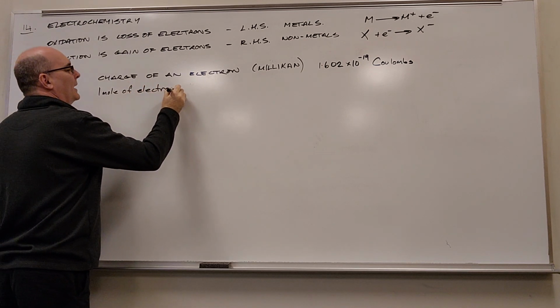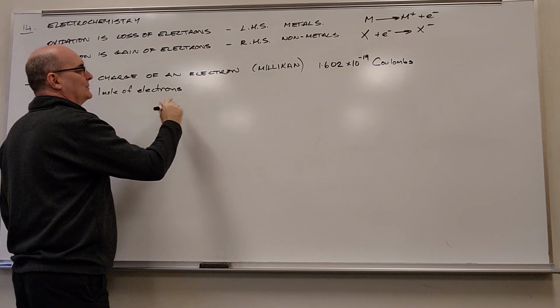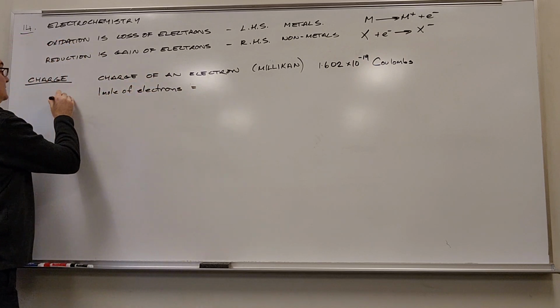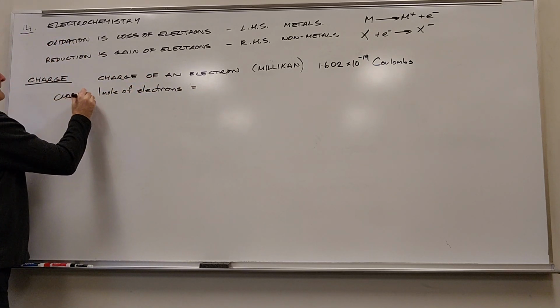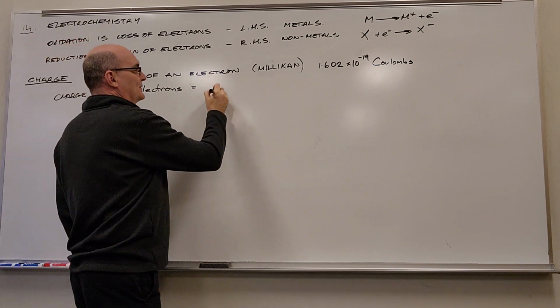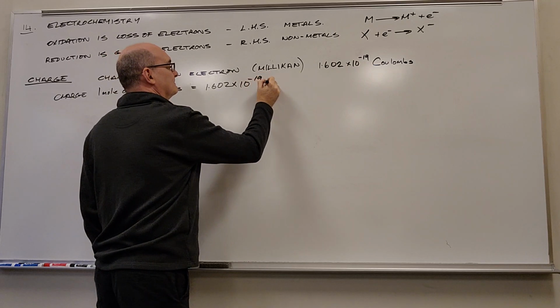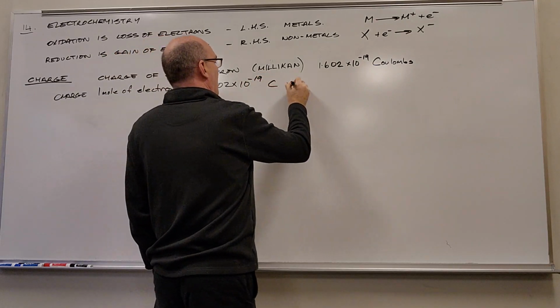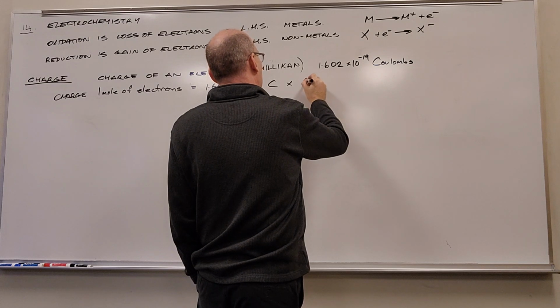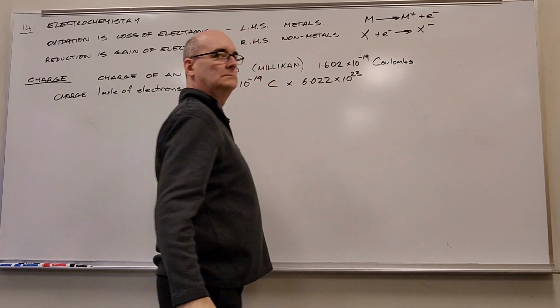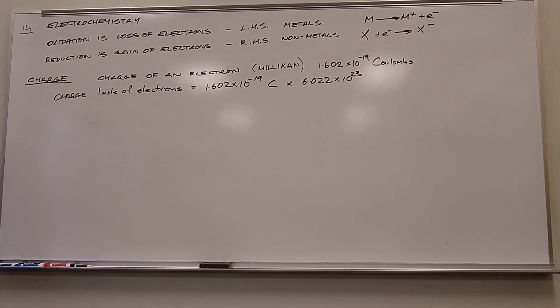Usually write electrons lowercase, usually write moles lowercase too. The charge of 1 mole of electrons is the charge of an individual electron multiplied by Avogadro's number, because there are Avogadro's number of electrons in a mole of electrons.